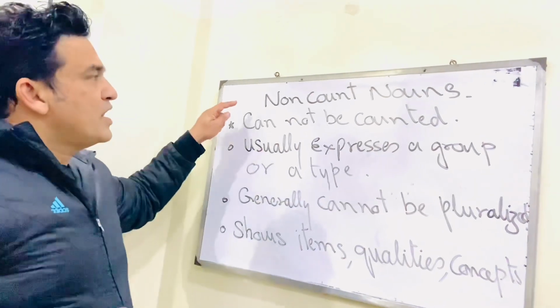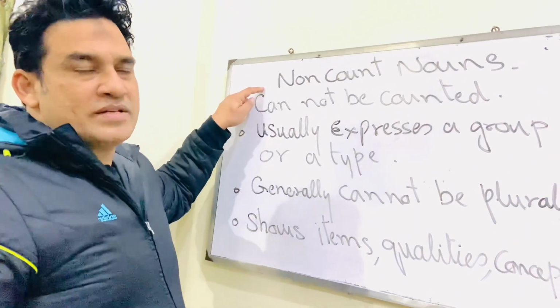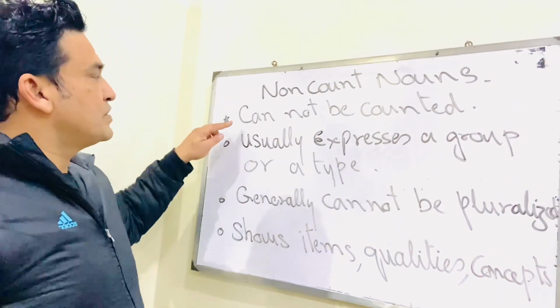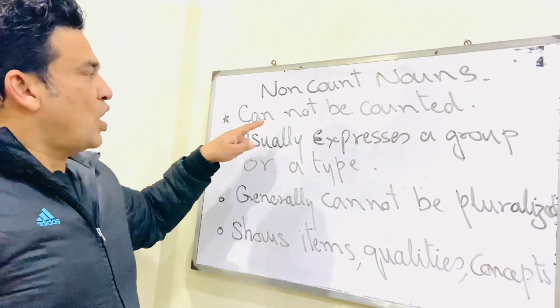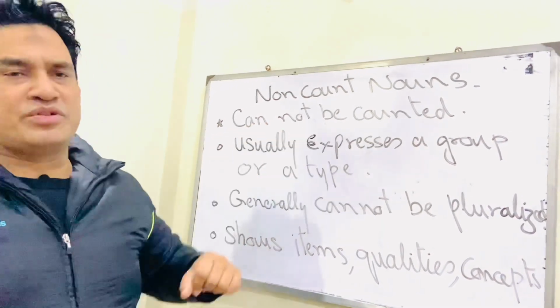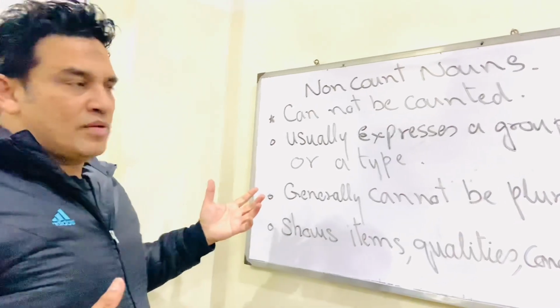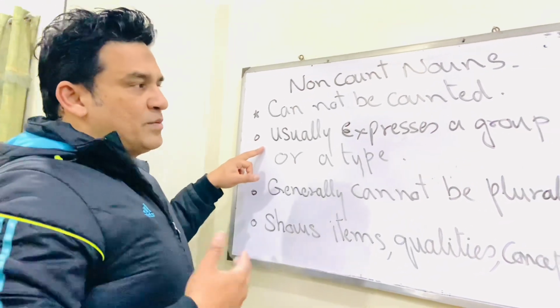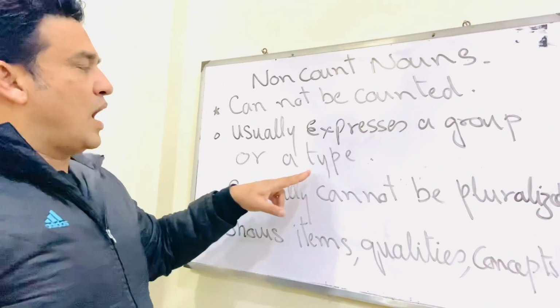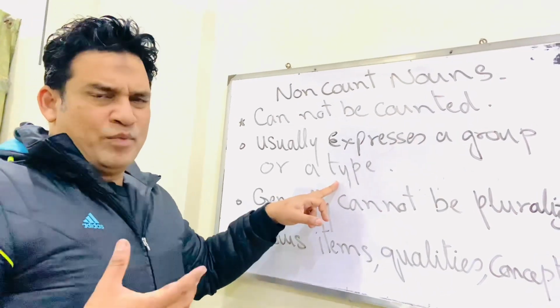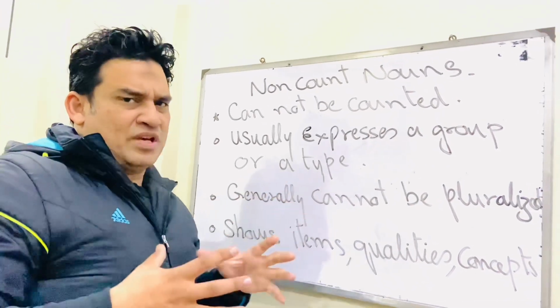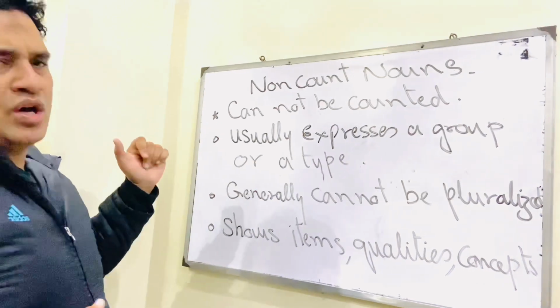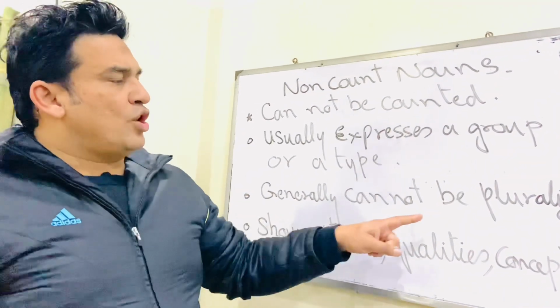Now, non-count nouns. What are non-count nouns? The first definition is that they cannot be counted. These nouns usually express a group or a type. The type or group of something is shown by non-count nouns. They generally cannot be pluralized.